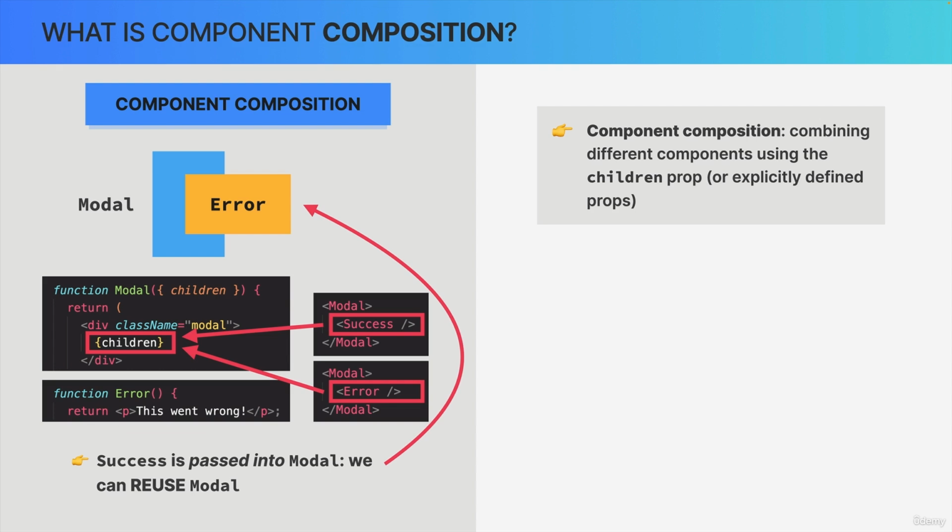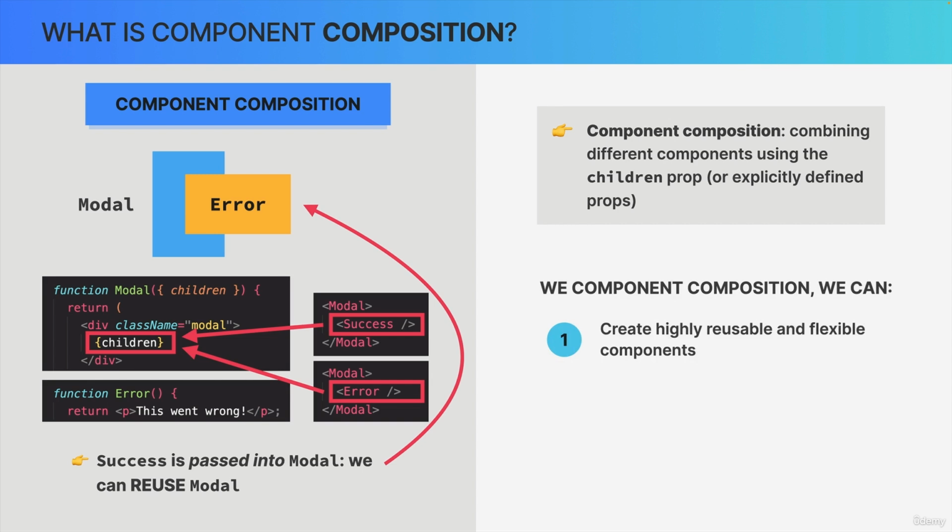Now, we use composition for two big reasons, or in two important situations. First, when we want to create highly reusable and flexible components, such as the modal window, or really a million other reusable components that we can think of. And we do this really all the time. Now, the second situation in which we can use composition is in order to fix a prop drilling problem like the one that we found in the previous video.